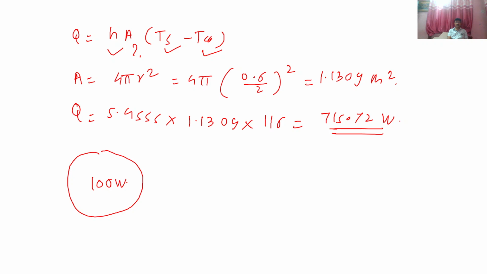What does a 100 watt bulb mean? Voltage into current product is 100 watt. And Q convection from this bulb is appearing to be 715.72 watt. Students, is it possible in reality?